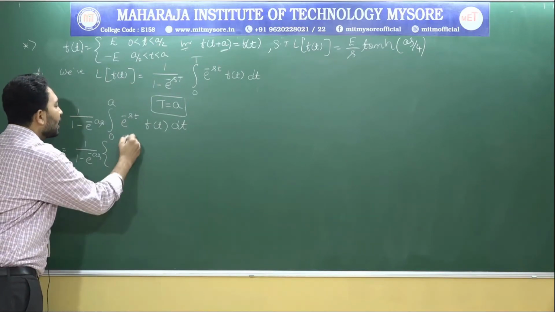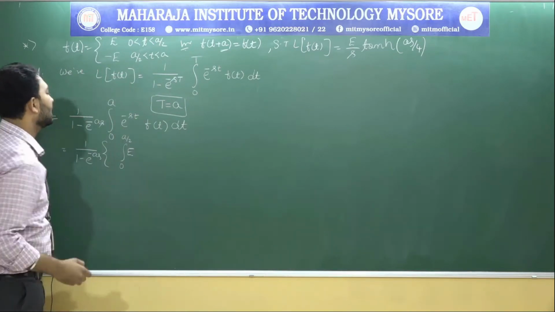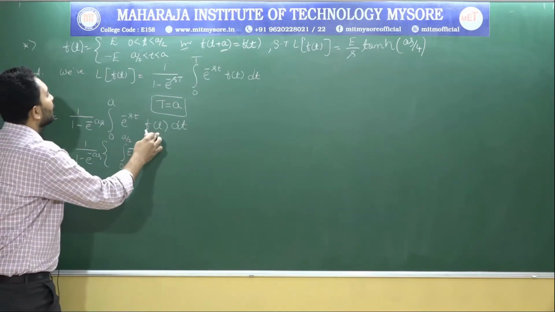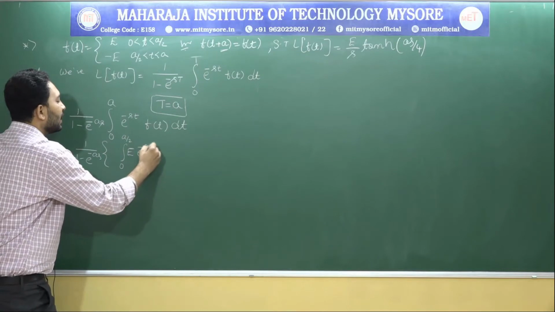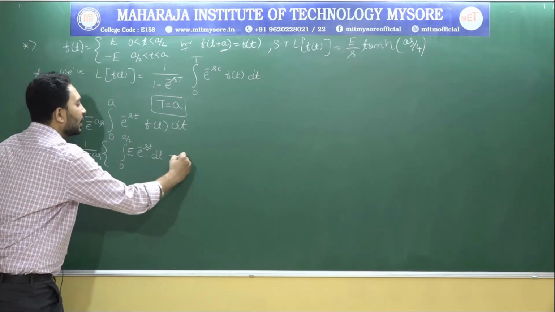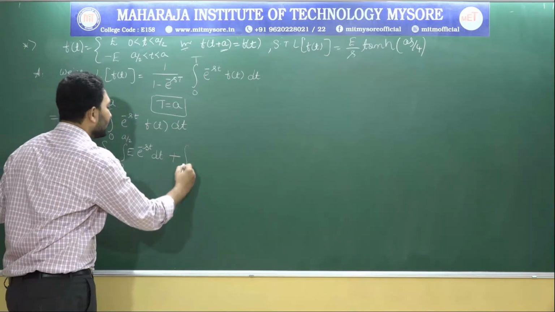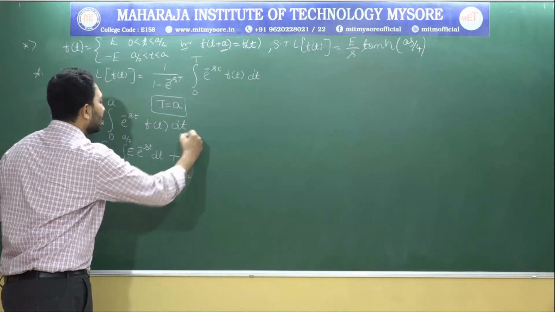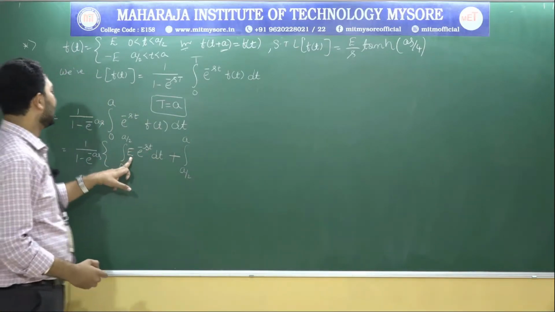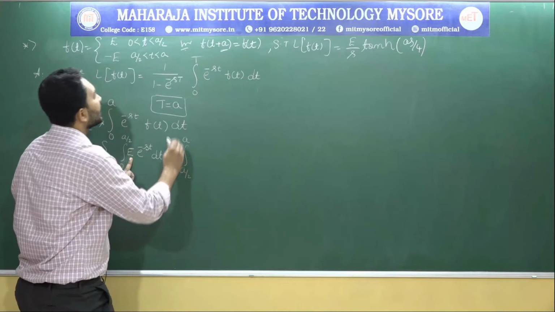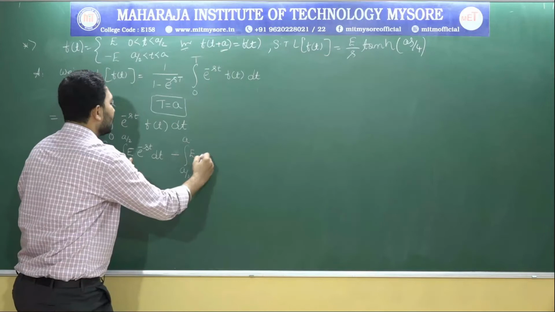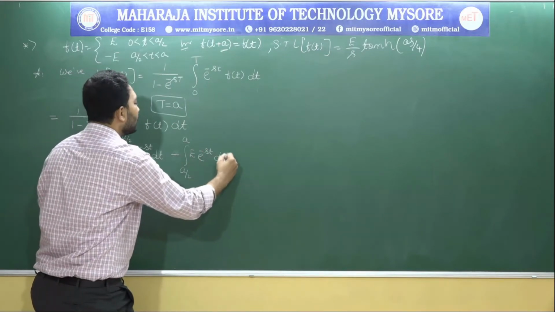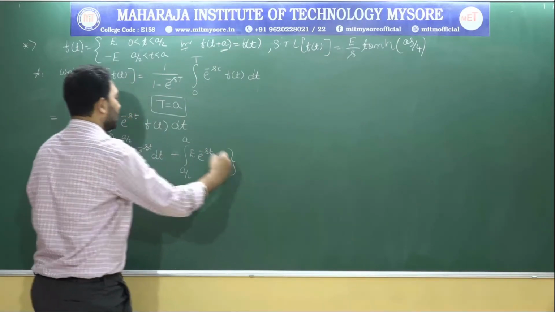So for 0 to a by 2, what is f of t? It is E. So it is E into e power minus st into dt plus a by 2 to a, again E into e power minus st, it is minus E into e power minus st into dt.